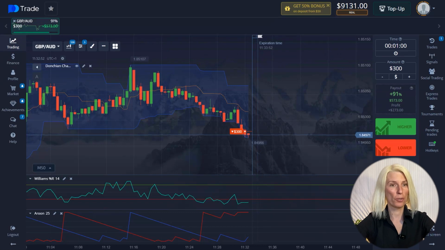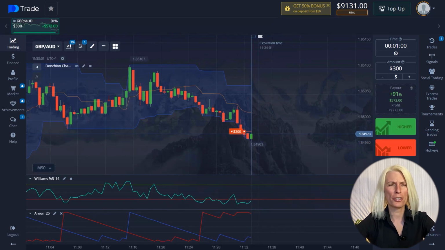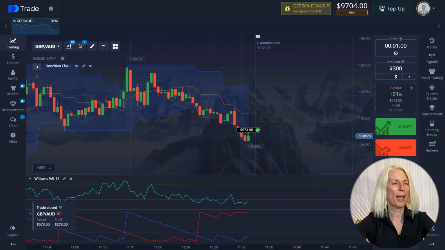And at the end of the 2000s, the number of trades reached 60%, and the execution time was reduced to fractions of milliseconds. And my trade ends with a profit of $273.